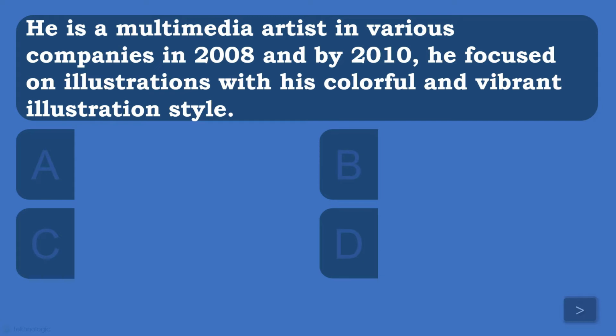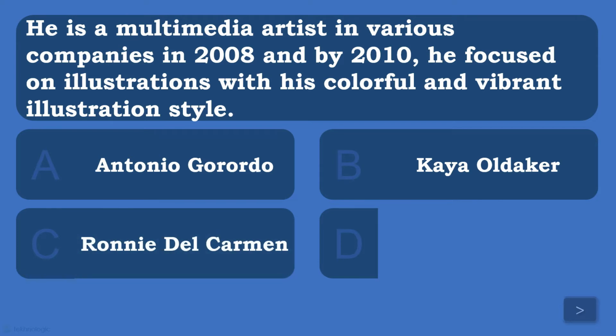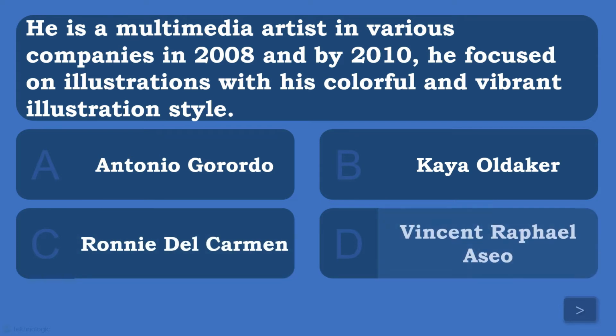Next item. He is a multimedia artist in various companies in 2008, and by 2010 he focused on illustrations with his colorful and vibrant illustration style. A. Antonio Gerardo, B. Kaya Aldaker, C. Ronnie Del Carmen, and letter D. Vincent Rafael Aseo.